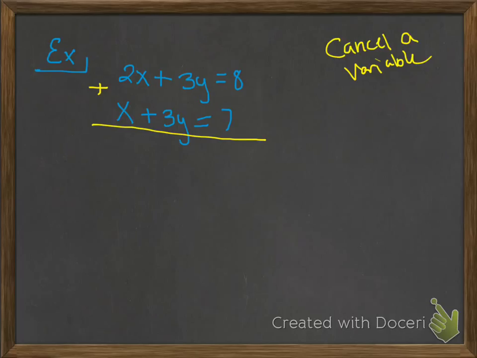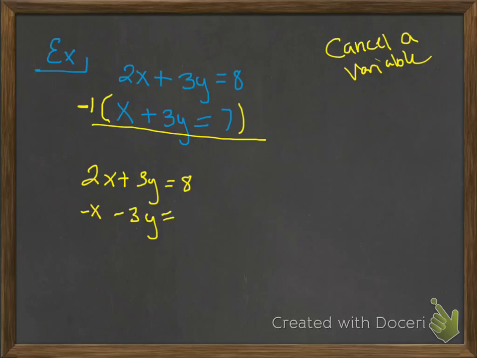I could make this a subtraction problem, but I have a hard time usually remembering that. I always like to do addition problems, so I'm going to multiply this entire bottom by a negative 1. So my new equation is going to be x plus 3y is equal to 8. I didn't change the top at all. But now I'll have negative x minus 3y is equal to negative 7, because all I did was multiply everybody by a negative.